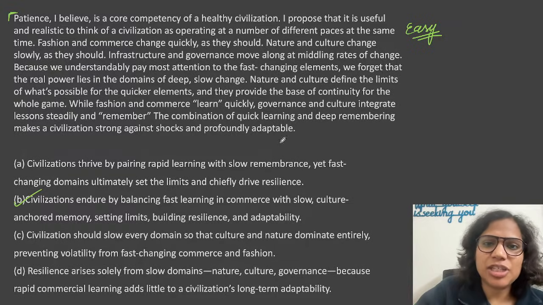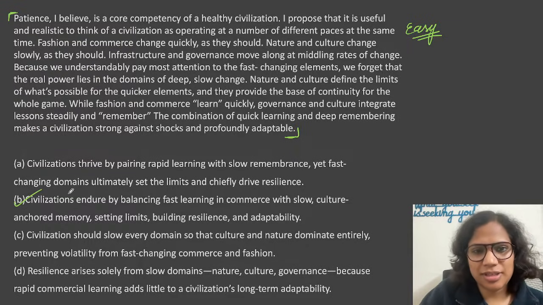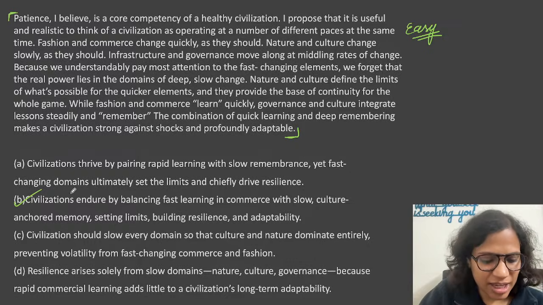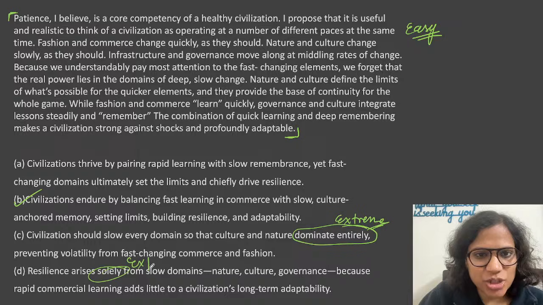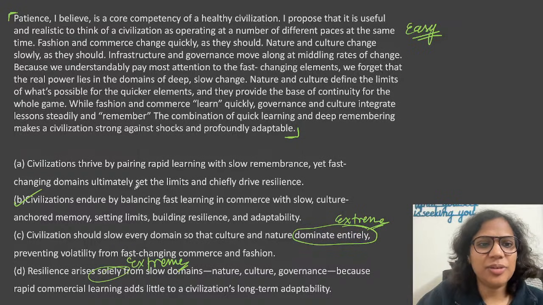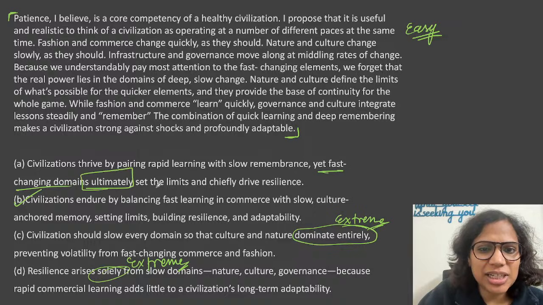Even though the paragraph seemed lengthy, the options, if you see, they are so easy because it says dominate entirely, extreme. Okay, it says solely, extreme. Okay, then this says yet fast changing domains ultimately set the limits.